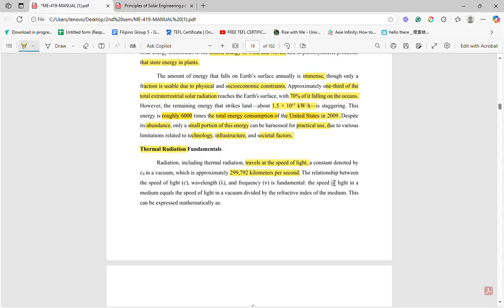This relationship between the speed of light, wavelength, and frequency is fundamental, because we have to measure radiation.